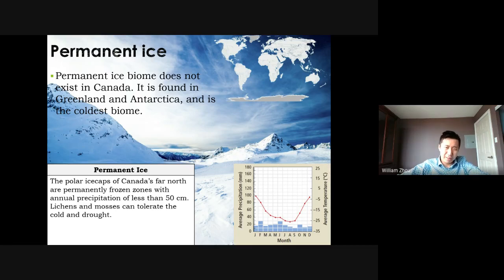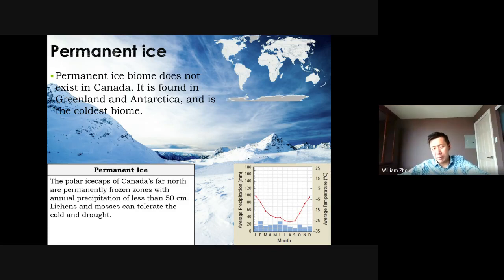The reason for that is most of the permanent ice is in the southern hemisphere in Antarctica. Their winter is July and August. So that's how I would identify that biome. If you see a temperature curve that is ridiculously cold and it dips in August and July, congratulations, you found permanent ice.